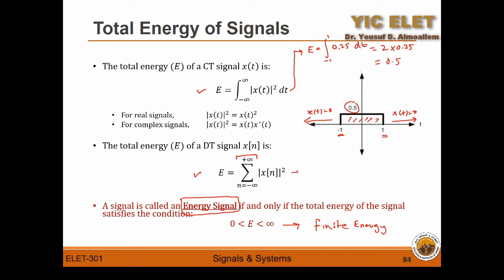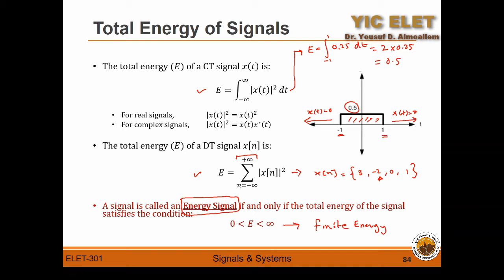Just to take an example for discrete signals, we can say that x of n is defined by the following sequence: 3, minus 2, 0, and 1, and the 0 is located somewhere here.